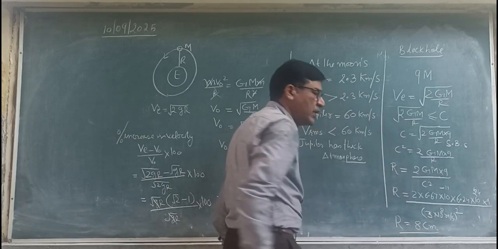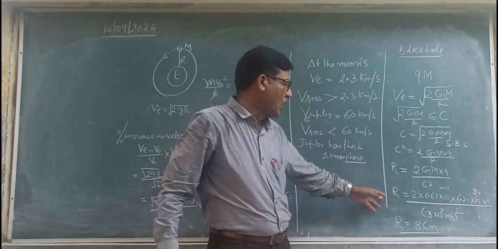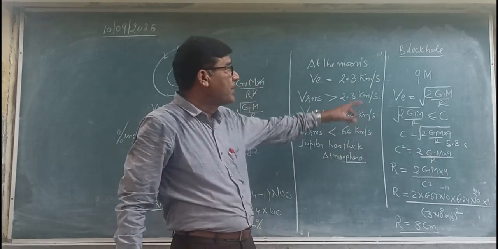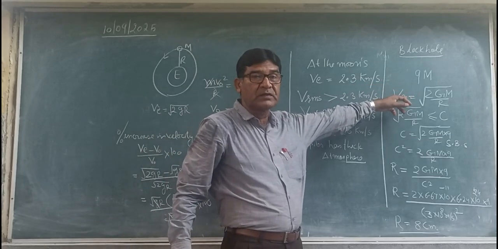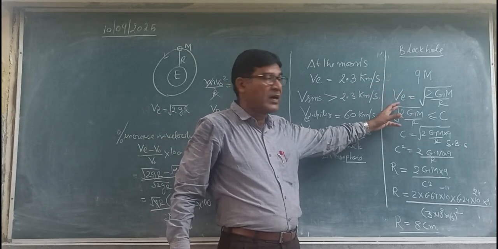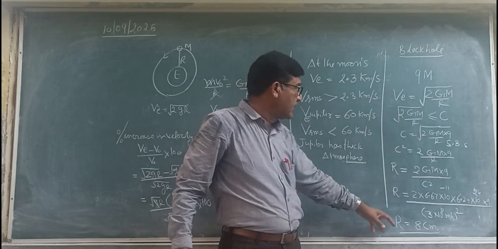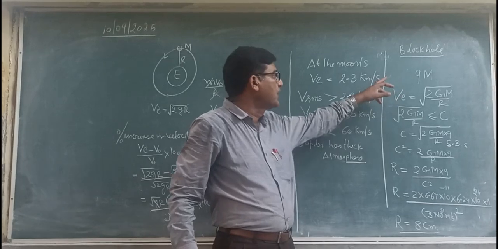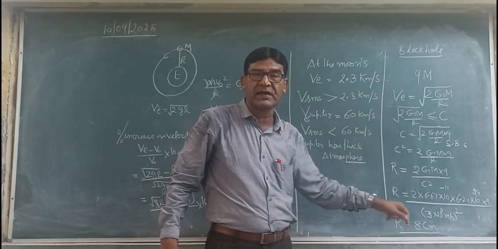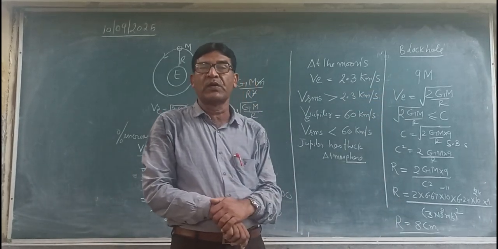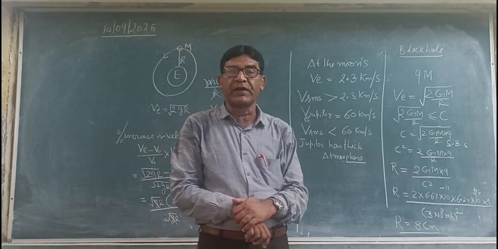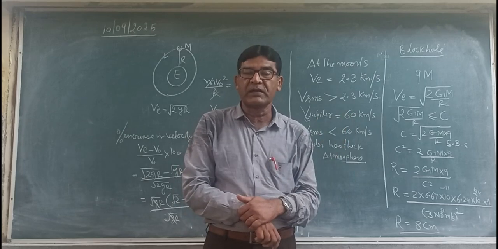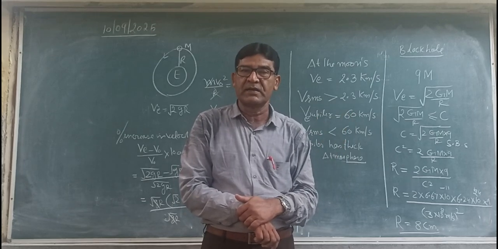So the radius will be very small for such a black hole. This is the condition: if the mass is 9 times the mass of the Earth, then it will be reduced to a radius of 8 centimeter. This is how a black hole reduces to such a size. The concept of the black hole is very important in the theory of relativity. You will be taught this topic in further higher level studies. Okay, thank you.